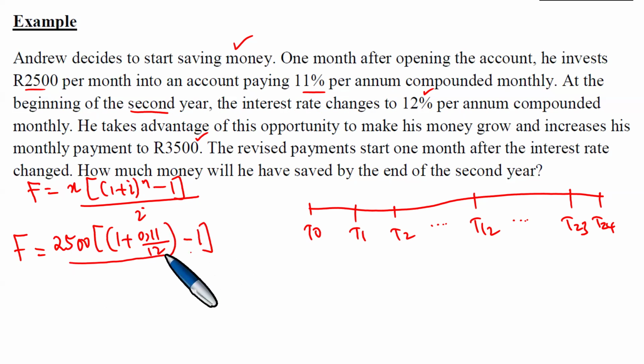And now you need to take into account that these 2,500 per month into an account paying 11% per annum compounded monthly are at the beginning of the second year. So in other words, this 11% is going to be for 12 months. But now at the beginning of the second year, the ball game changes. So this one is also going to be 0.11 out of 12.